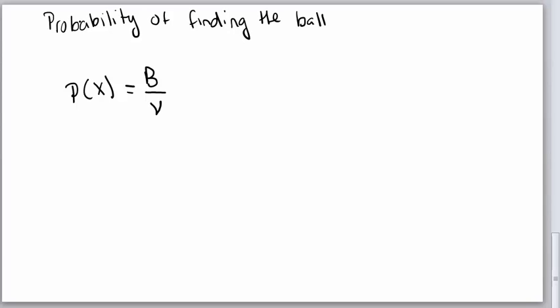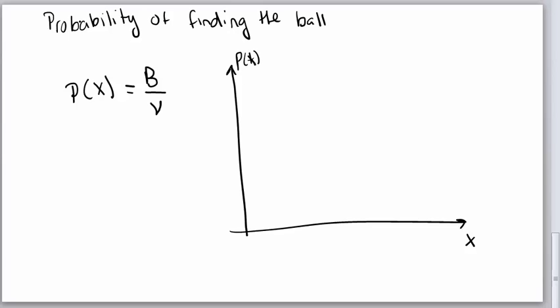Okay, so the probability plot here, this is the x direction. This is going to be the probability P of x. Again, this is minus a, the most negative displacement. This is positive a, the most positive displacement. This is the neutral 0. So the probability is going to look something like this.